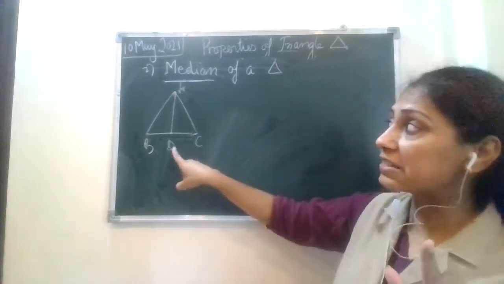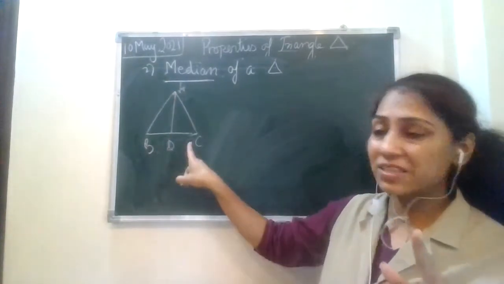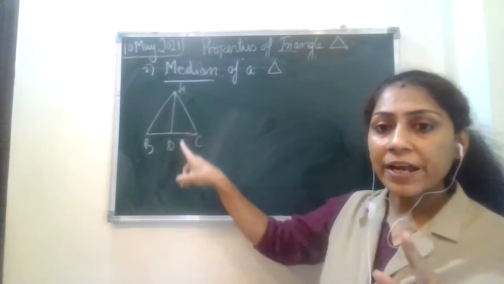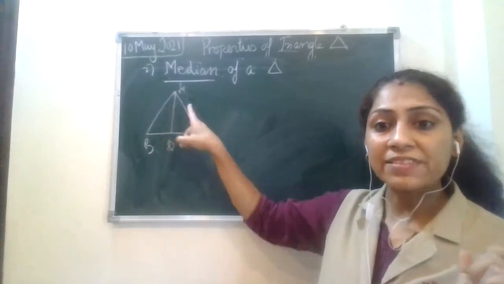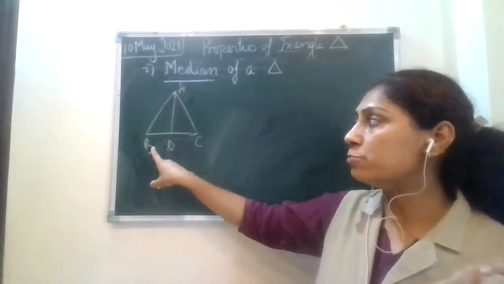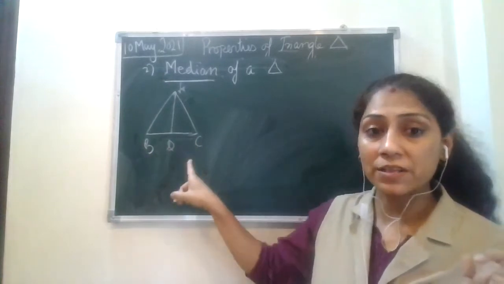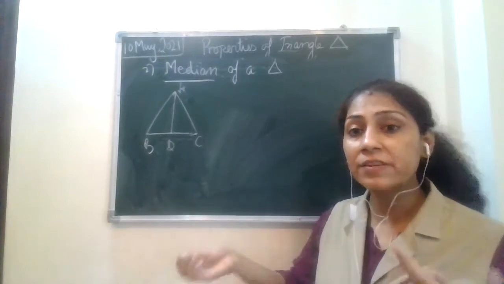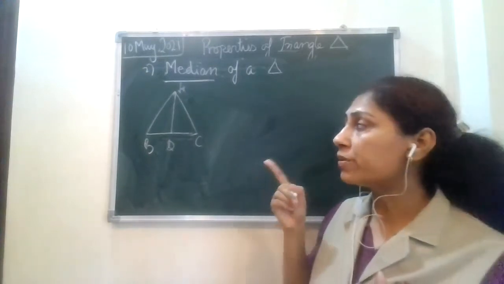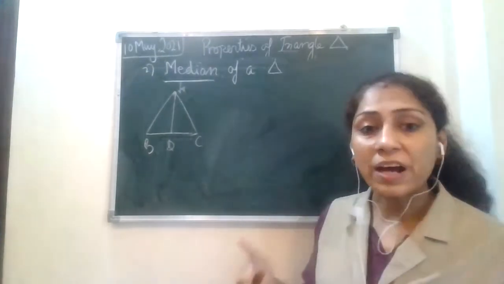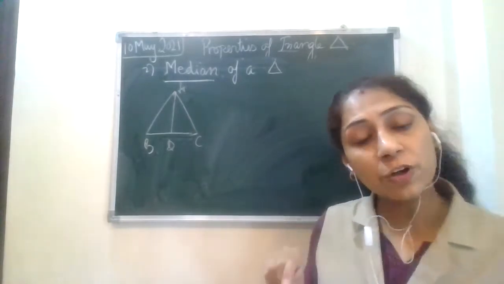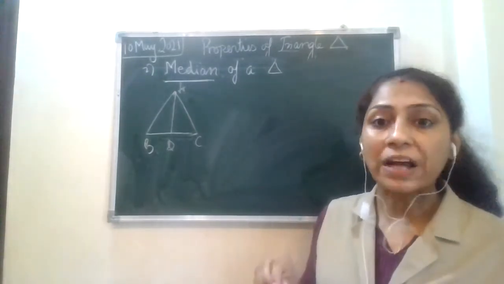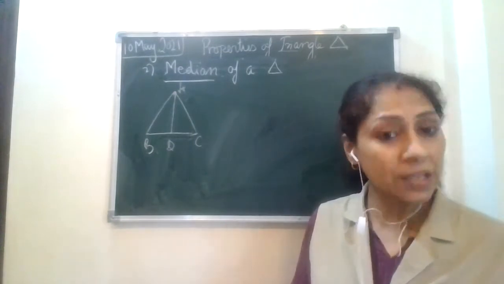That is why I'm saying D is the midpoint of BC. Line segment AD is drawn from vertex A such that it bisects BC into two parts, or the other way of saying is a line segment drawn from the vertex A which touches the line segment BC at midpoint D, right? So that is how it justifies its name, median.